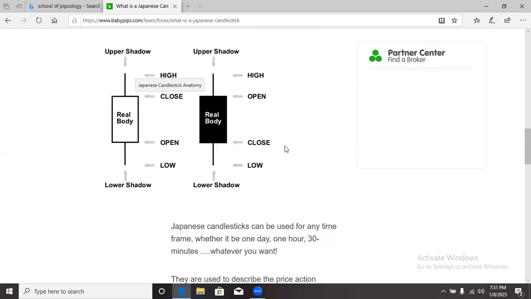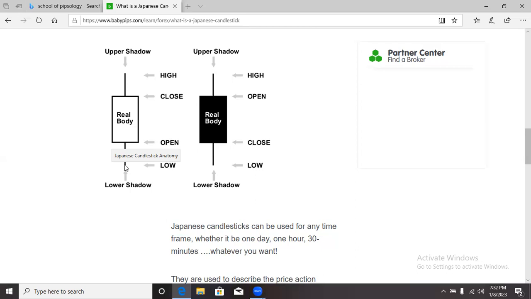Whenever a candlestick formation is forming, a bullish candlestick will always open at the bottom, not at the top. You understand? So it opens below, then moves down.